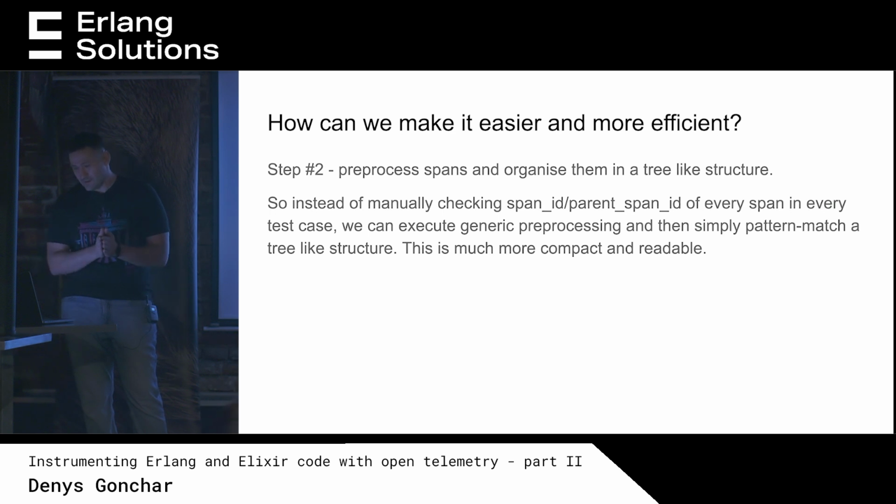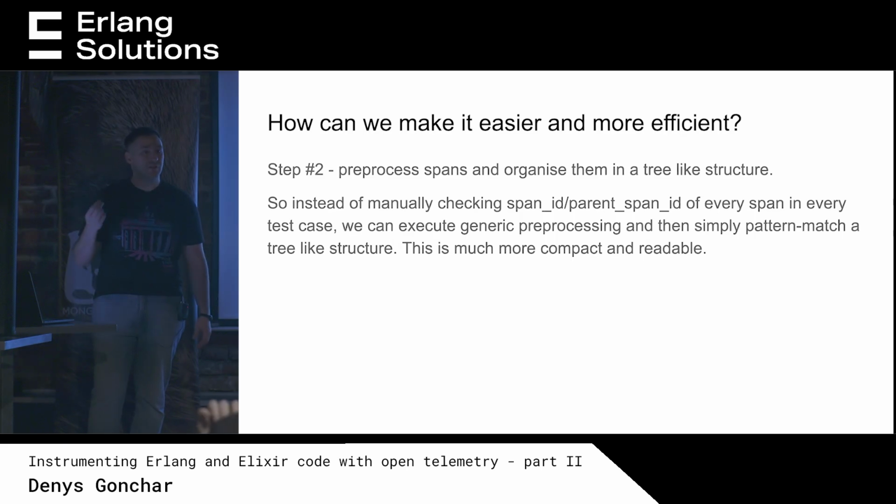The next thing is what you said. It's much easier to first organize things in a tree-like structure, and later just pattern match the tree, so you don't have to manually parse span IDs and trace IDs of every span you receive, and that can be generic code, so you can reuse it from test case to test case.